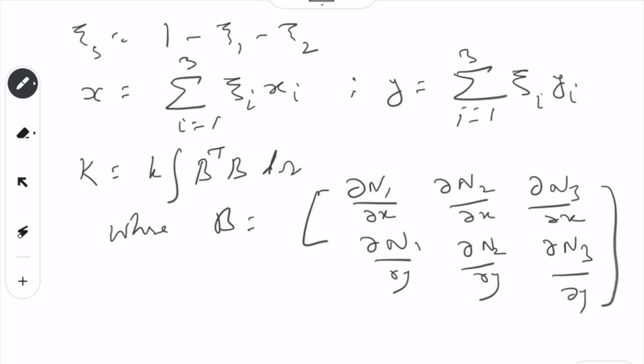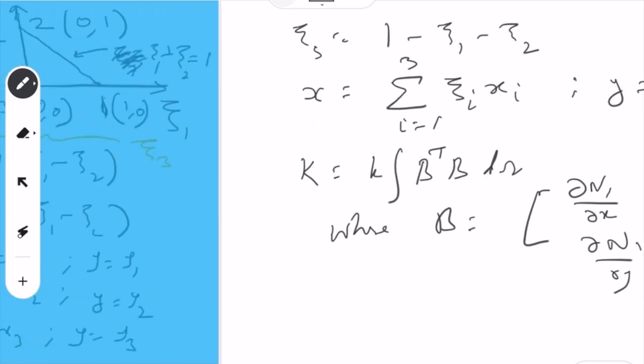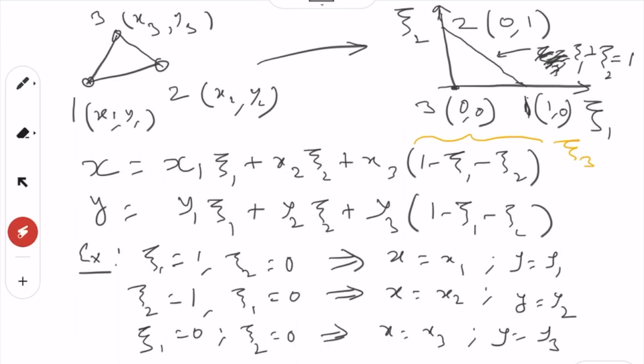Since this is an isoparametric element, N has to be composed in terms of xi1 and xi2, and it's very easy. N1 is 1 at this node and 0 at the other two.